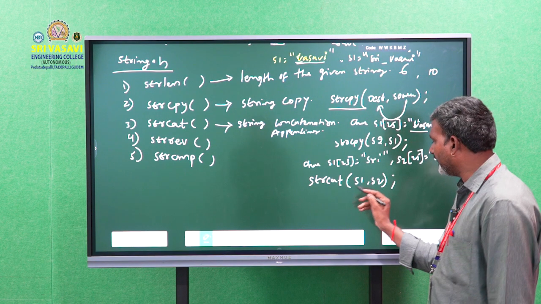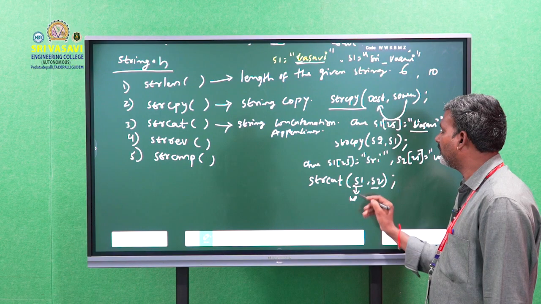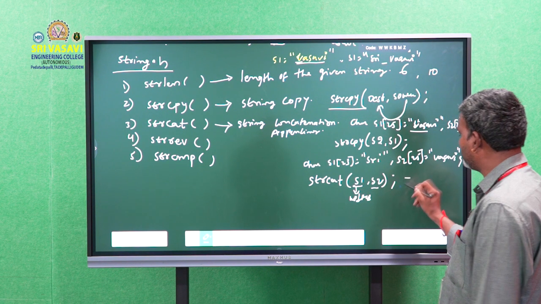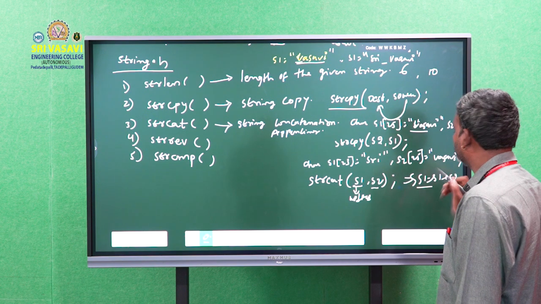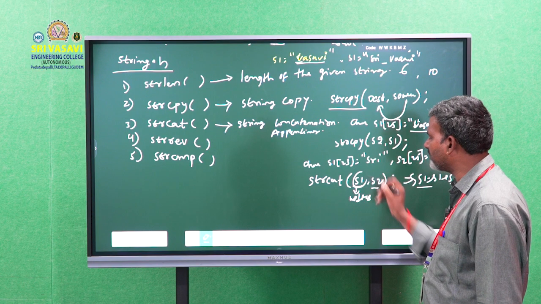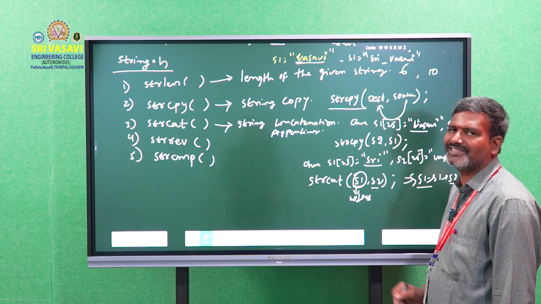Here strcat of s1 comma s2 gives the updated value of s1. That means s1 is equal to s1 plus s2. After executing the strcat command, s1 becomes updated. The original value in s1 is Sri.